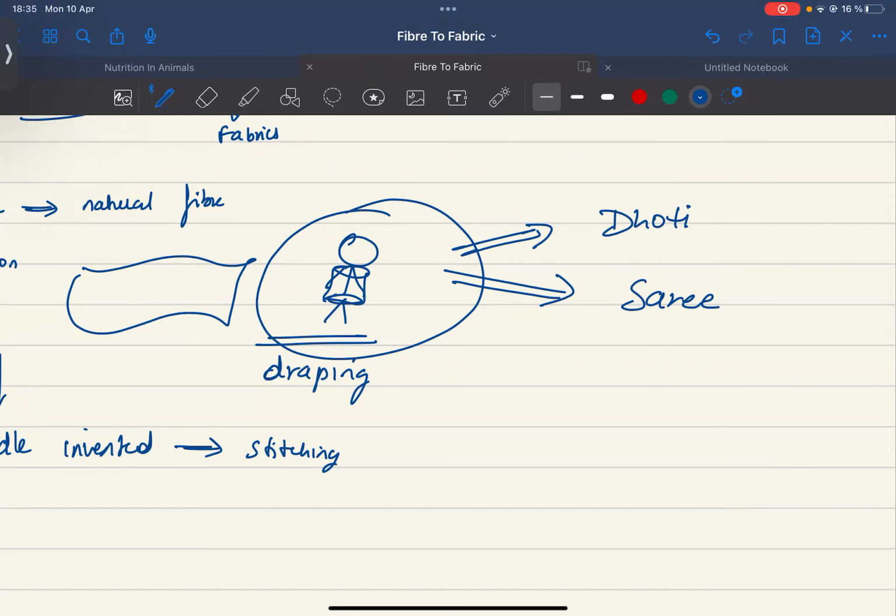You don't need to stitch them at all. You just take a piece of cloth, wrap it around your waist, and it becomes a dhoti. Take a long piece of cloth, wrap it around, put it on your shoulders, drape it around, and it becomes a sari. So these two are the only unstitched cloth that we use today.